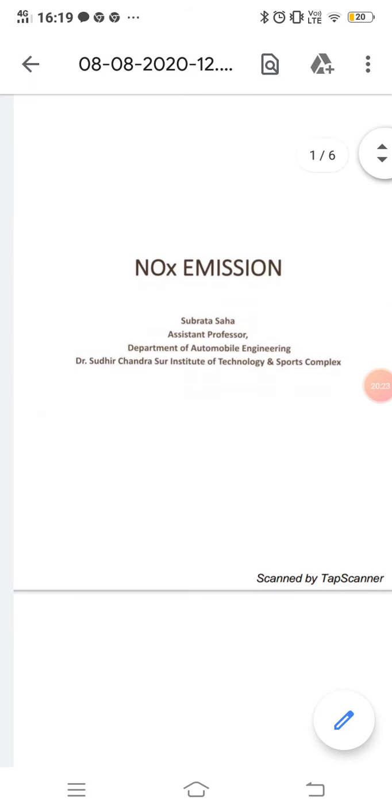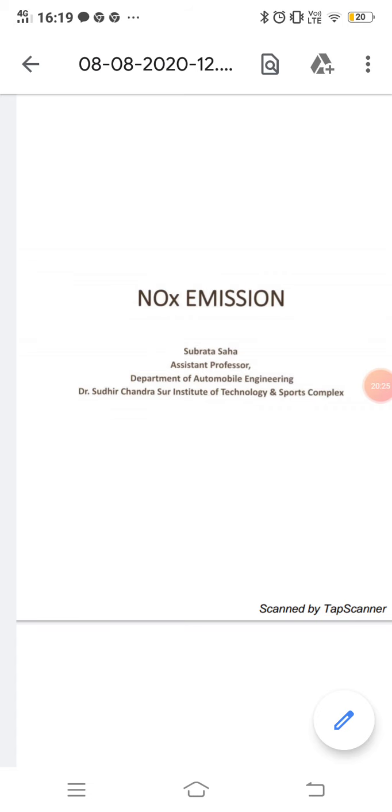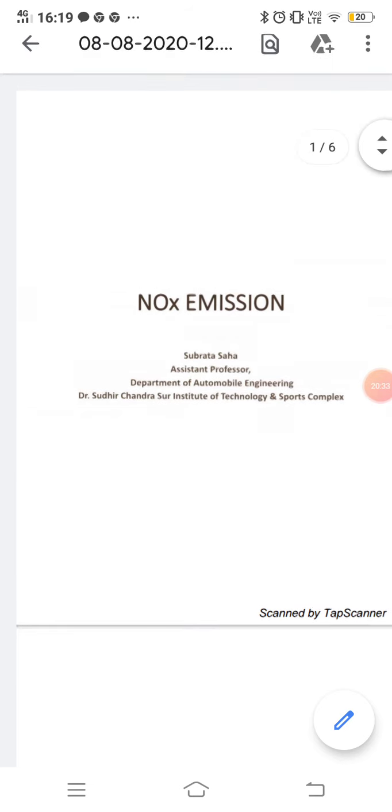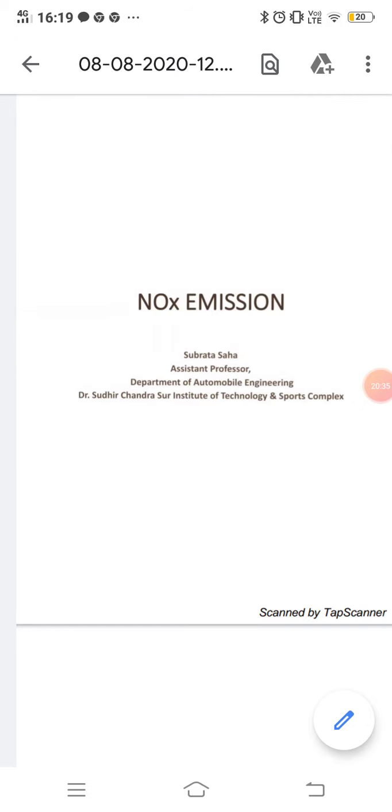Both are used to control NOx emissions from an engine. Some companies are using both SCR, selective catalytic reduction, as well as the exhaust gas recirculation methods.